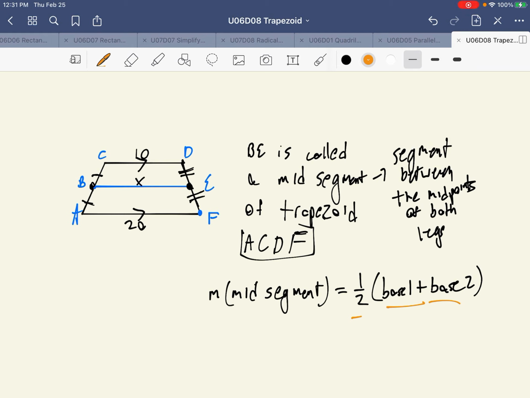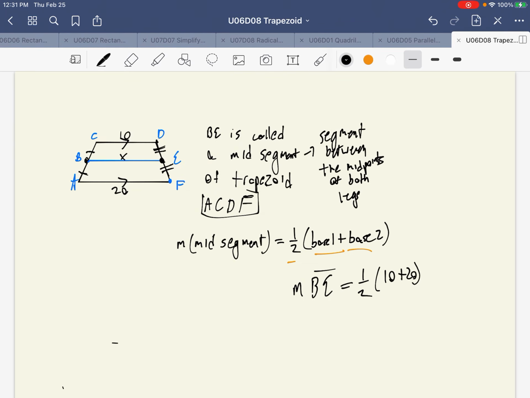In other words, half of 10 plus 20 in this case. So that means that the measure of the mid-segment, in this case, which is BE, will be equal to 1/2 of 10 plus 20. Therefore, the measure of BE is going to be equal to 15.